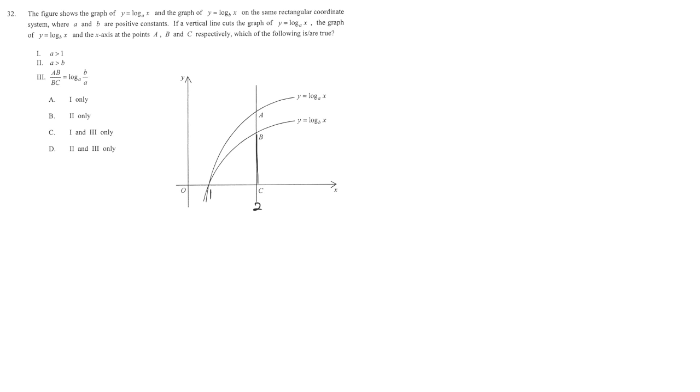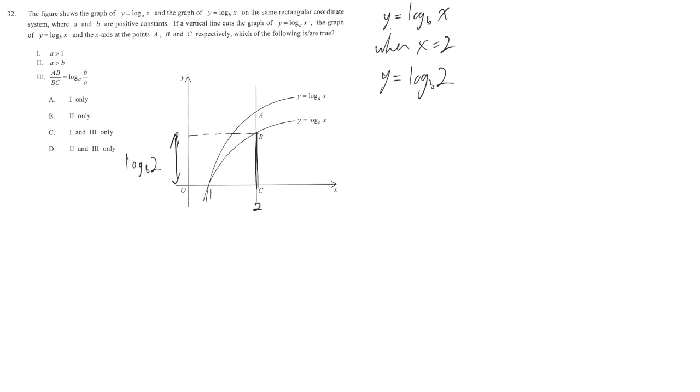AB is more difficult to find, but BC is easier to find. BC means the corresponding height here. So when y is equal to log bx, we consider x equal to 2, then the corresponding height is log b2, which means this length is log b2.